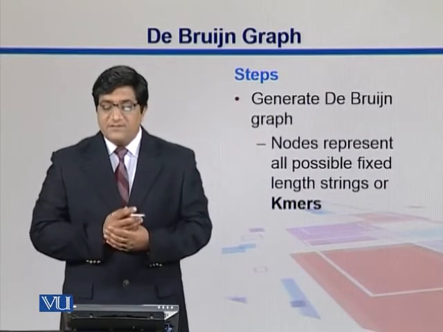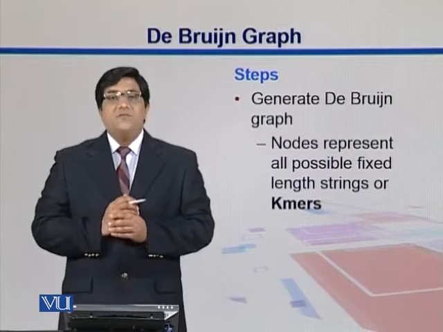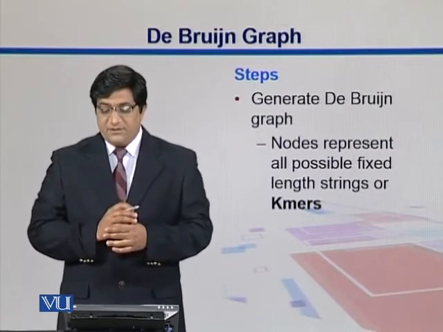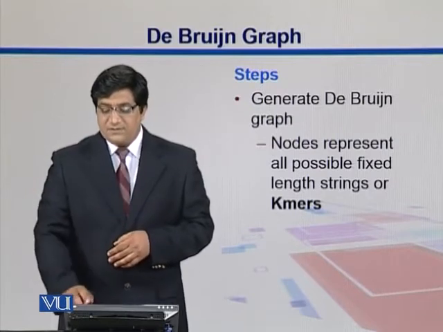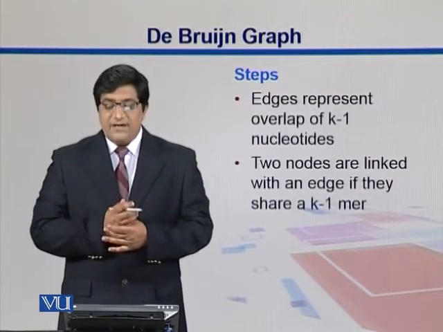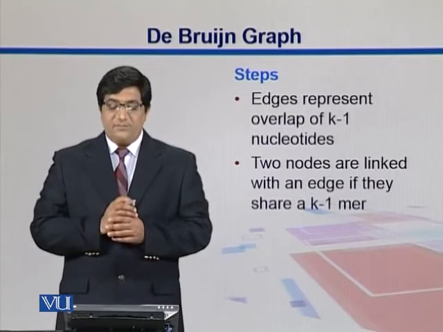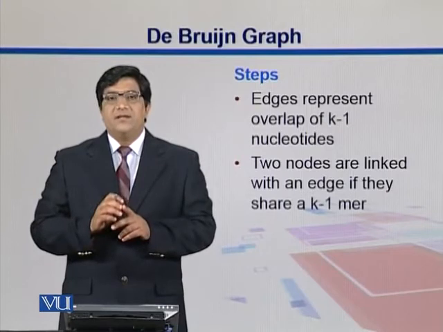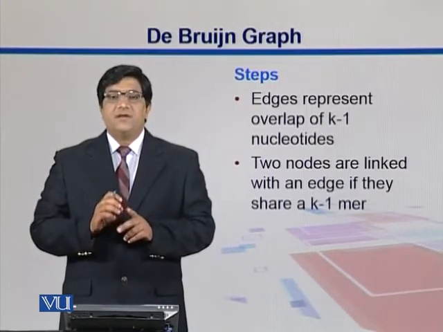What we do next is we generate the De Bruijn graph where our nodes are these k-mers, which are fixed-length strings, and edges represent overlaps of k-1 nucleotides. So one k-mer should match another one over k-1 length.